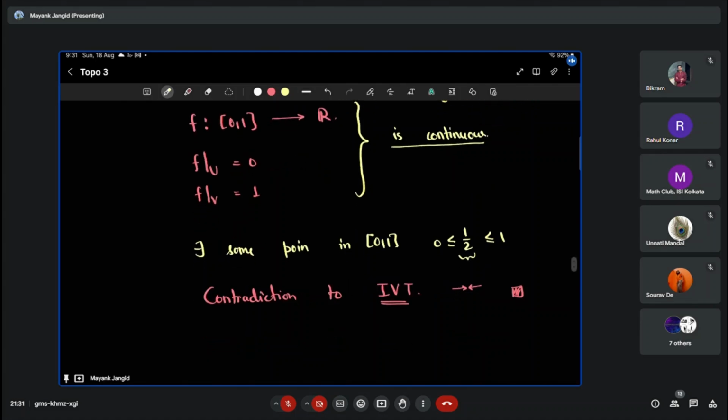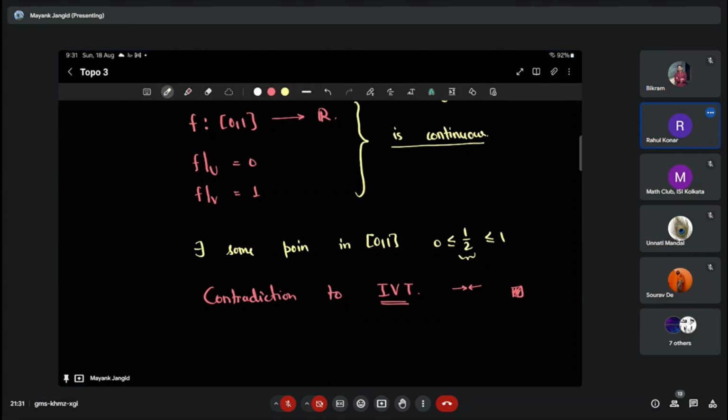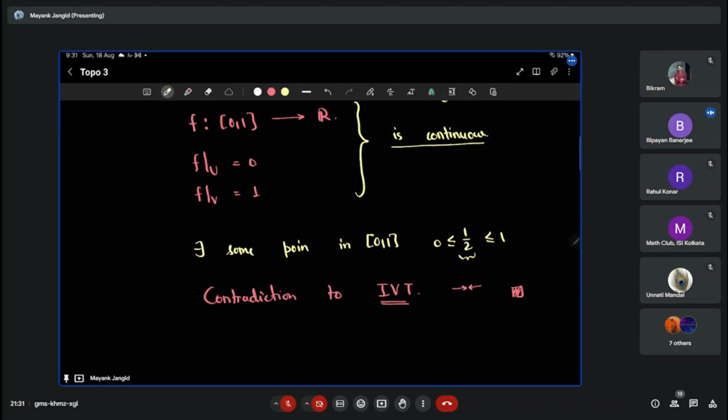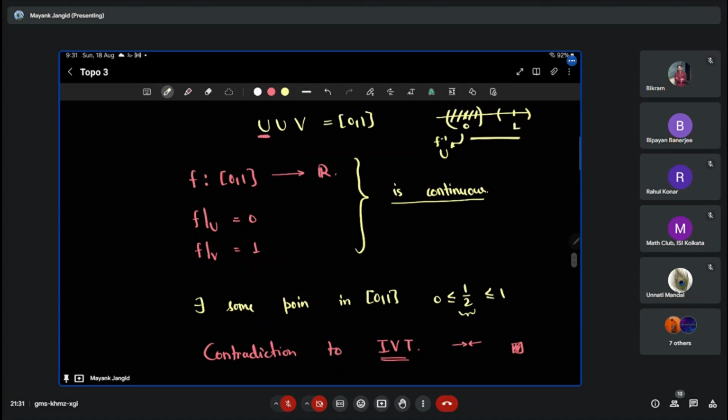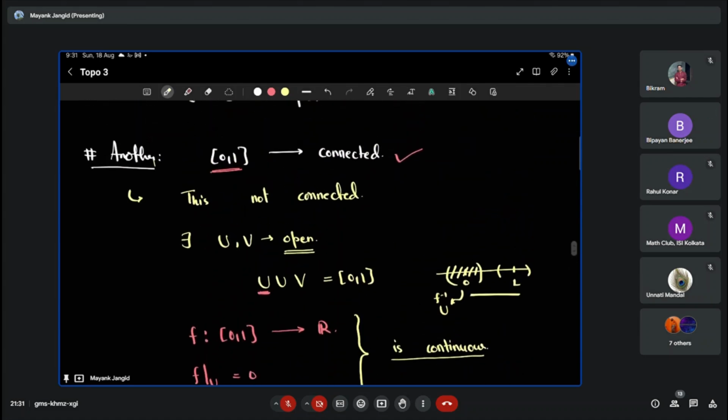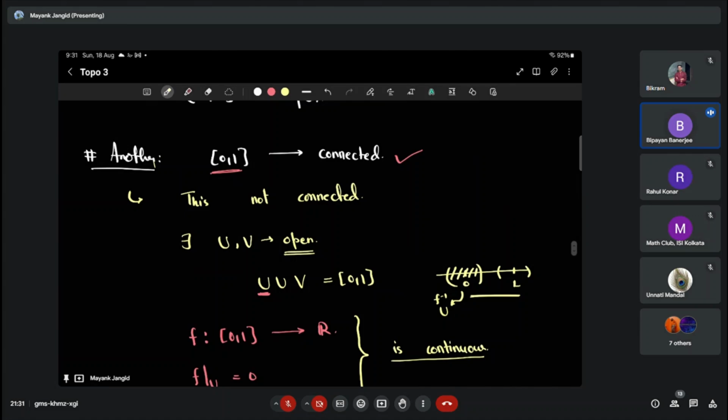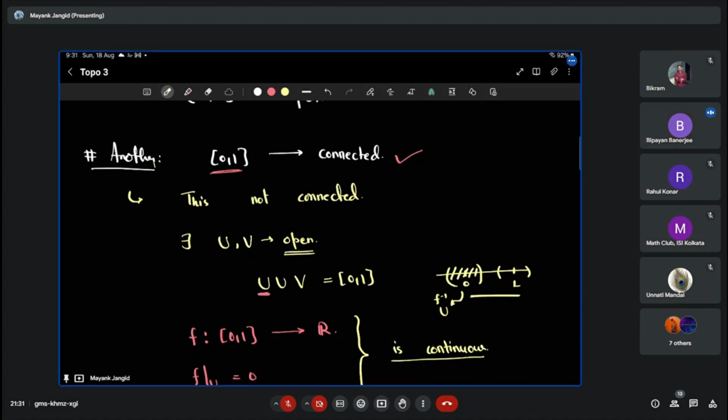But in this case, we don't have 1/2 in the image of this continuous function. So that is a contradiction. So this construction contradicts the intermediate value theorem. I had a question. Yes. All of this stuff we are doing in the subspace topology, right? Subspace topology of [0, 1], yes.